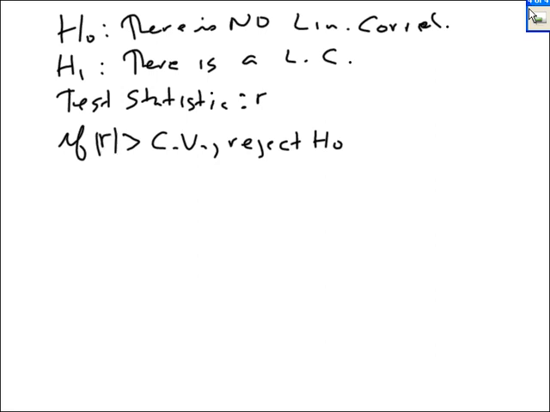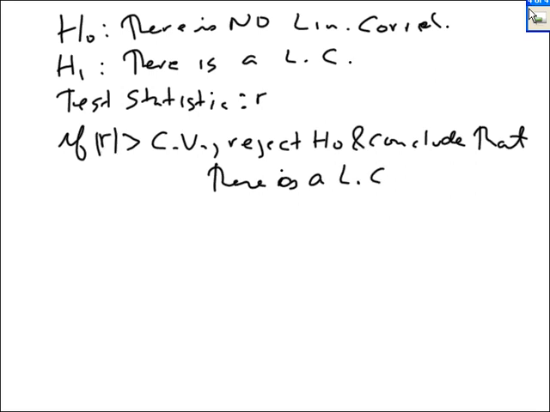Reject that there is no linear correlation. So that means there is one. And we conclude that there is a linear correlation.